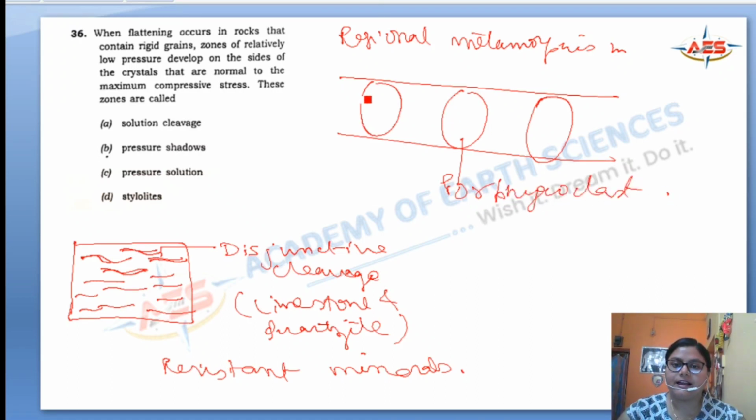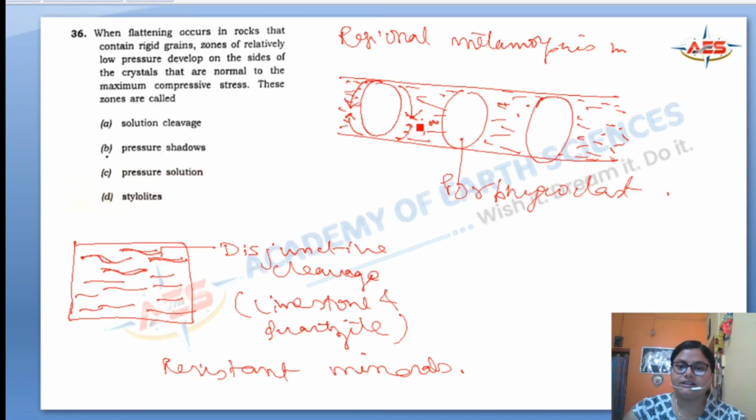They are under high pressure, due to which the matrix that surrounds these porphyroblasts gets partially dissolved and redeposited on either side of the porphyroblasts along the zones of low pressure. Here it is low pressure, and because of deposition here we get the deposition. So these are the low pressure zones and they are known as shadow zones. This structure is called a pressure shadow.